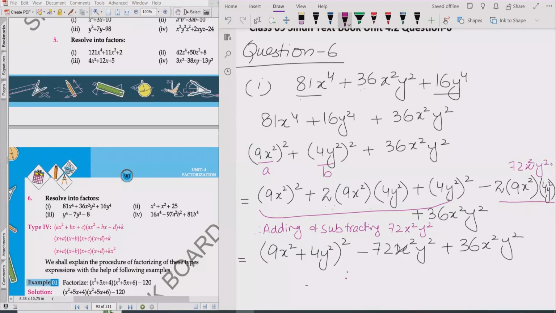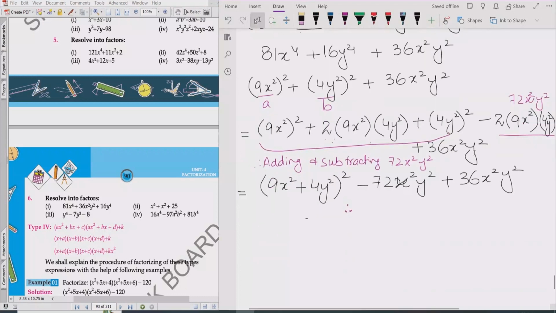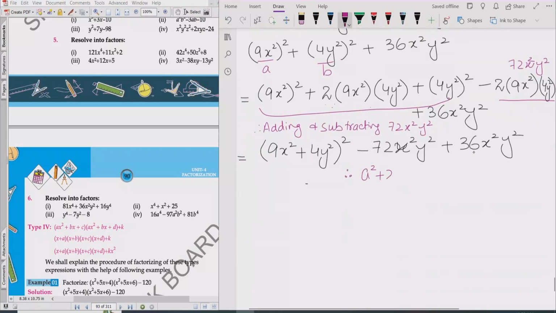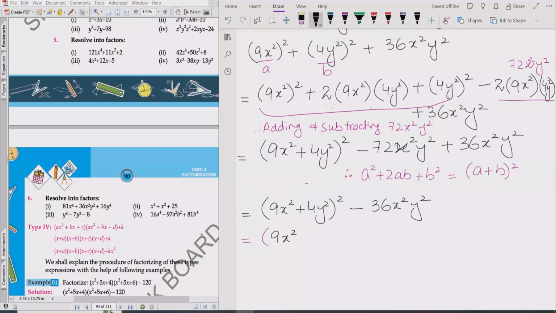Now we give the reference of the formula: a^2 + 2ab + b^2 = (a + b)^2, right? Now we have (9x^2 + 4y^2)^2, and this is for 36x^2y^2, so we have to make a and b here. So first we have (9x^2 + 4y^2)^2 minus (6xy)^2. So this is a and this is b, right?